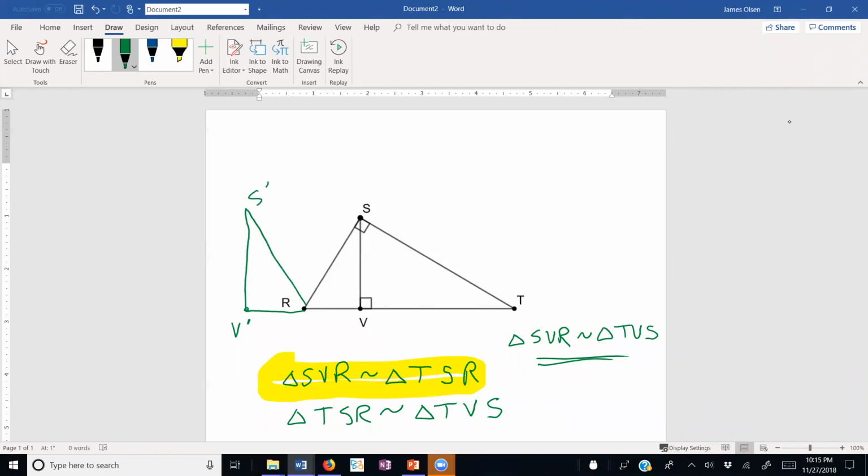Then we would need to rotate this down around center point R, and then we would have to dilate to make the triangle larger so that it's going to fit and match up with triangle TSR. So the idea of transformations and visualization is used here with similar triangles.